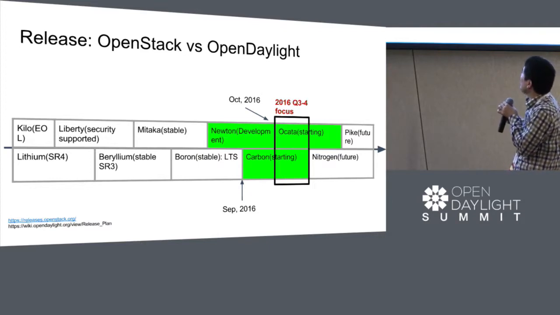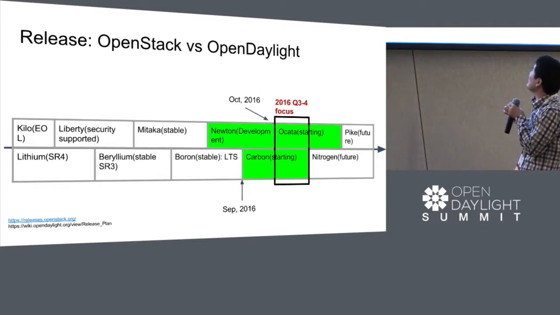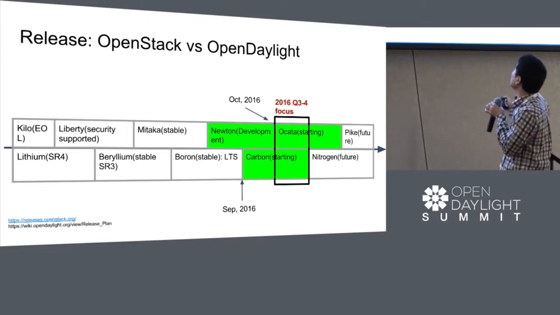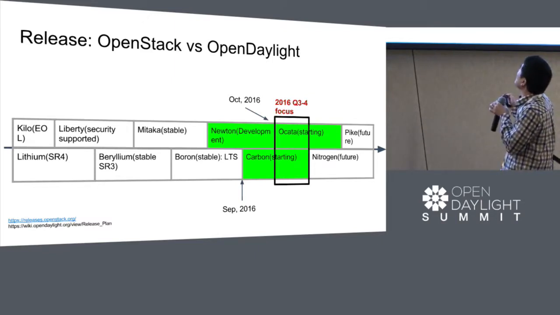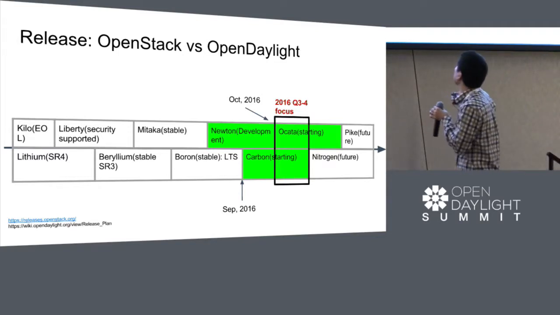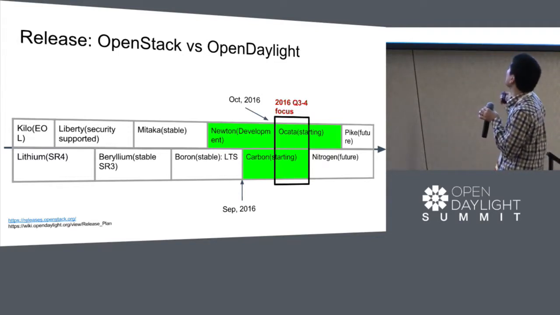So there is a gap in release, but the gap is about one month or so. Our next development focus is OpenDaylight Carbon and the OpenStack Ocata cycle. This will be the main focus of our development.